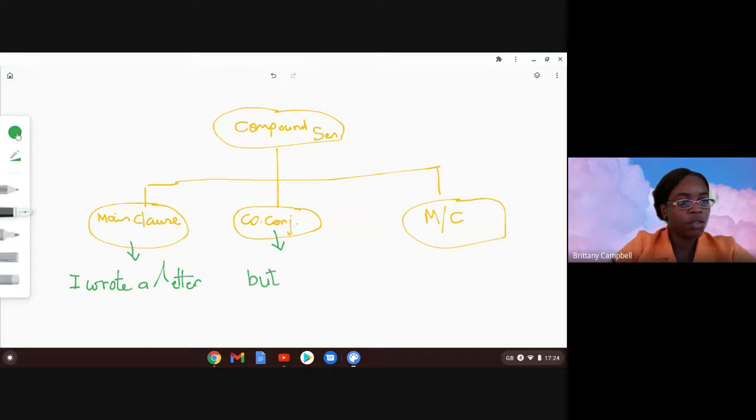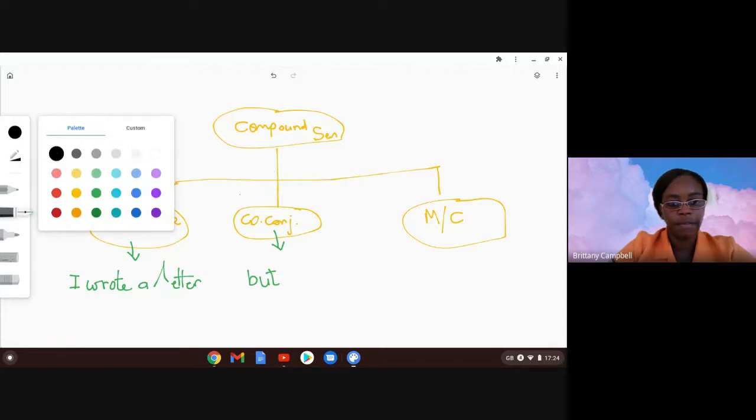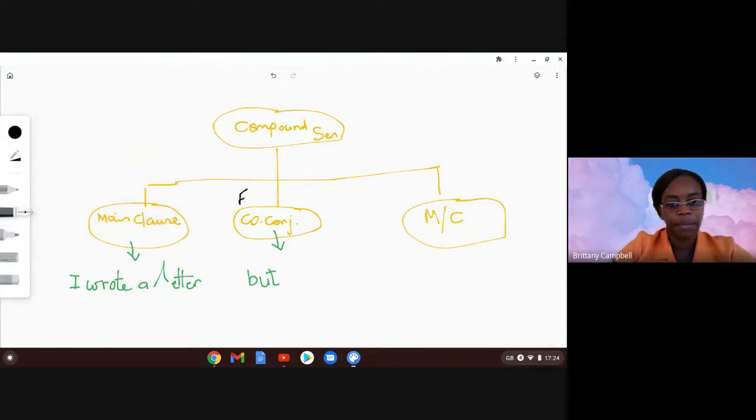Let me write this here for those of us, a fanboy, F-A-N. So we have a coordinating conjunction using but, and another main clause, we're going to add here, I did not.